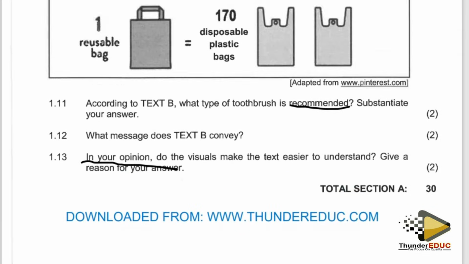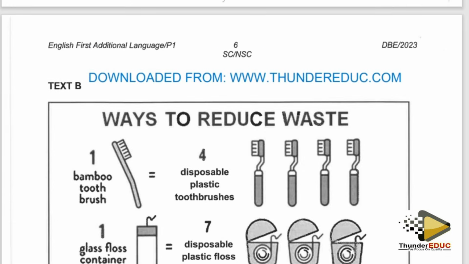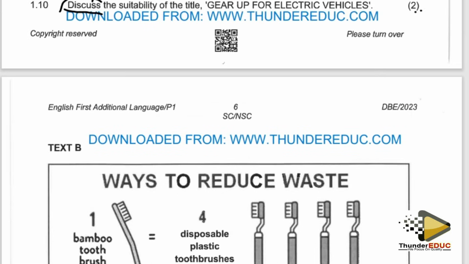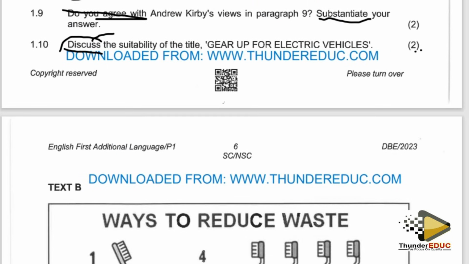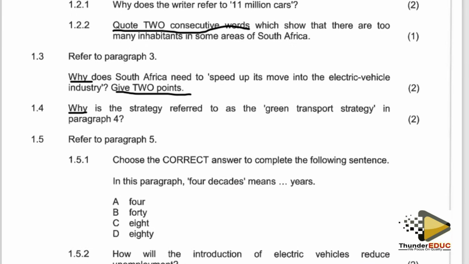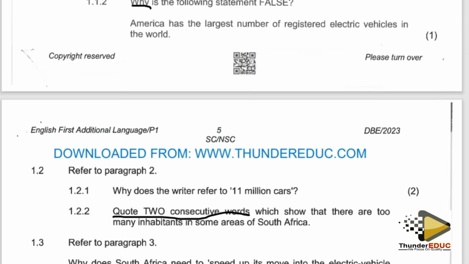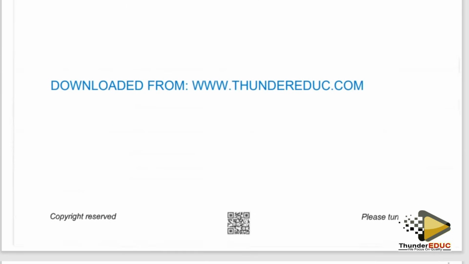And lastly, read your comprehension to understand. Make sure that in whatever you do, you skim, you scan, and you comprehend so that you can get through your questions in section A in the comprehension. It's 80 marks. It's 2 hours.